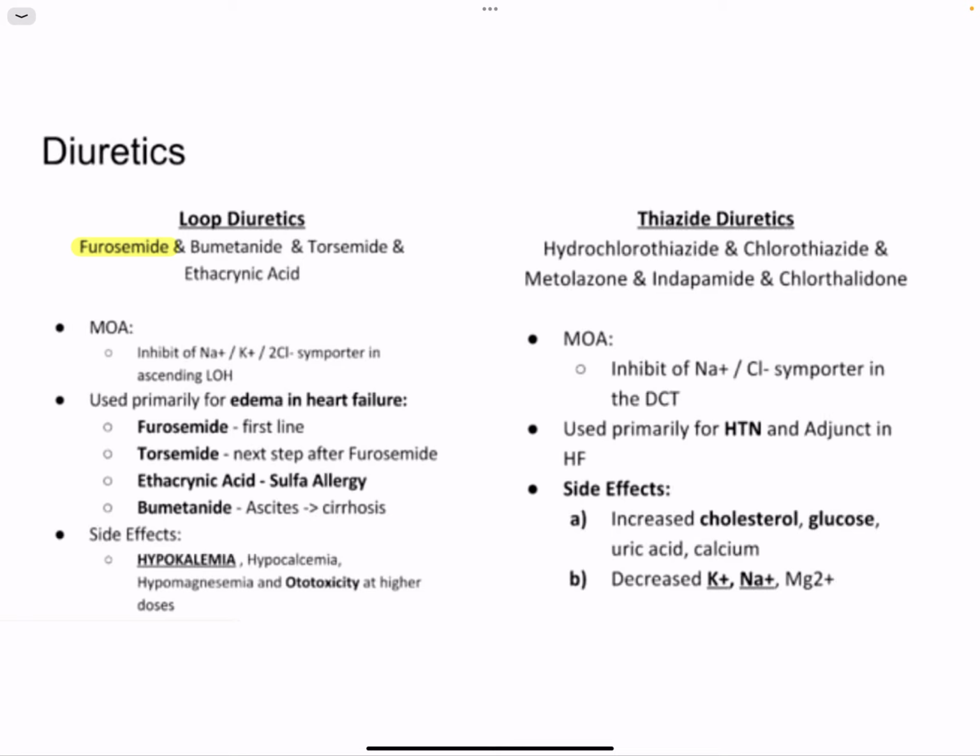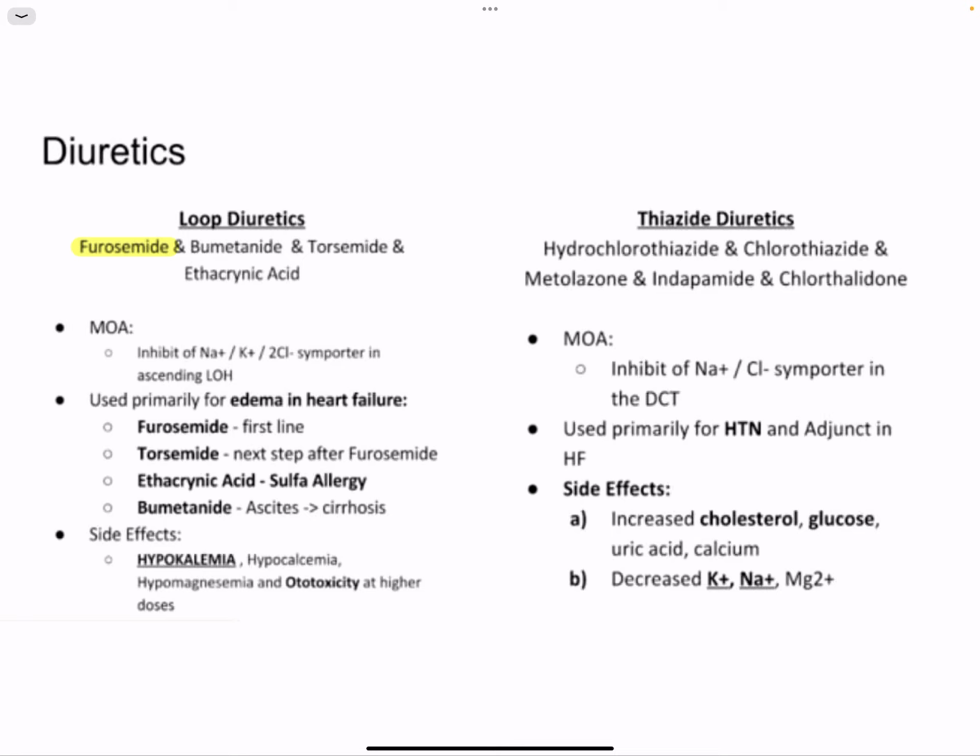So furosemide is the first line. First we will try furosemide. But for some reason, if we cannot use furosemide, then we can use torsemide. Next step after furosemide is torsemide. There is no difference between furosemide and torsemide.